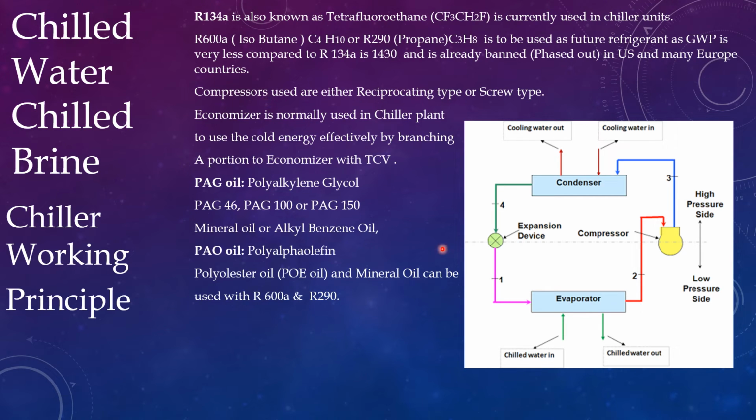Normally, an economizer is also used. Here, before the expansion valve, a line is branched when an economizer is there. It should have a temperature control valve that will effectively remove the cold energy, so that it will either be recirculated back to the evaporator, or one portion after usage will go to the compressor. In the economizer, the freon is used on both shell and tube sides.